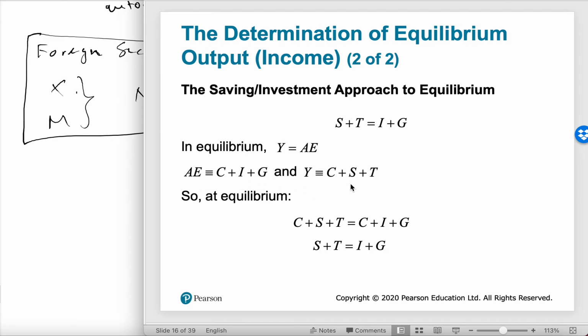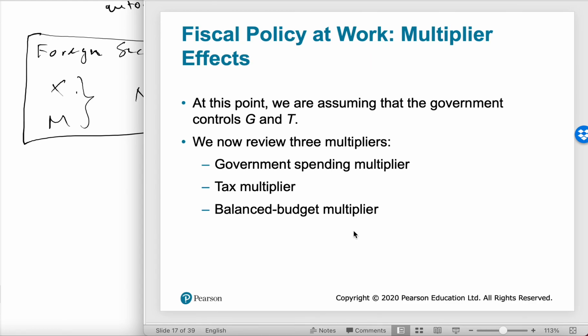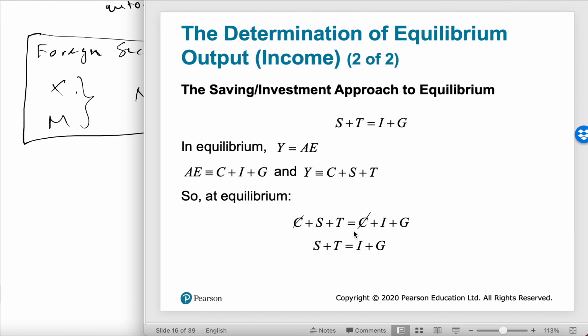So if we put this together and solve it, this is going to be offset, and leakages and injections are also an alternative way. So let's do it with the equation, with the numerical numbers, and see how it will look.